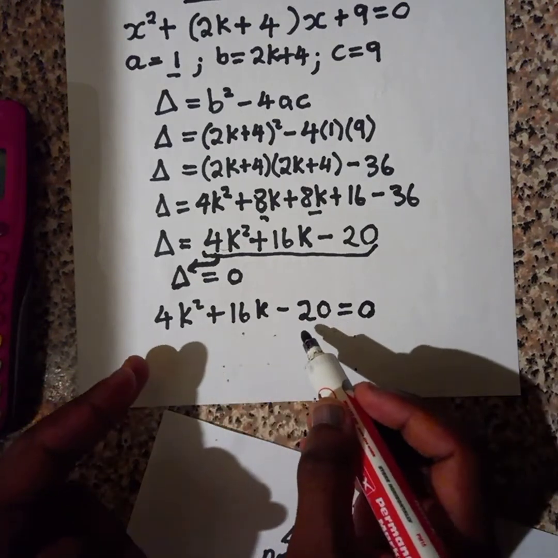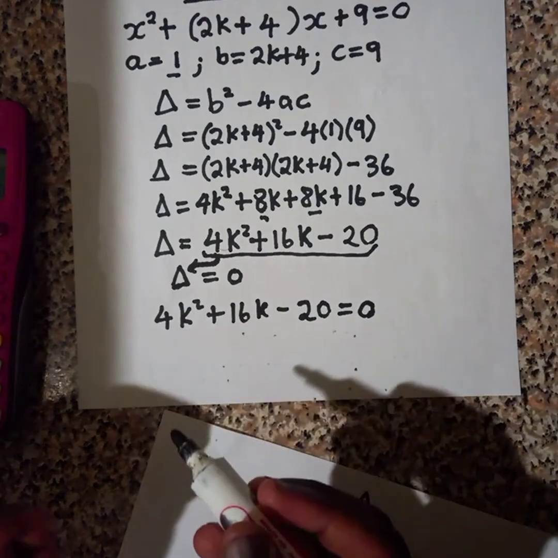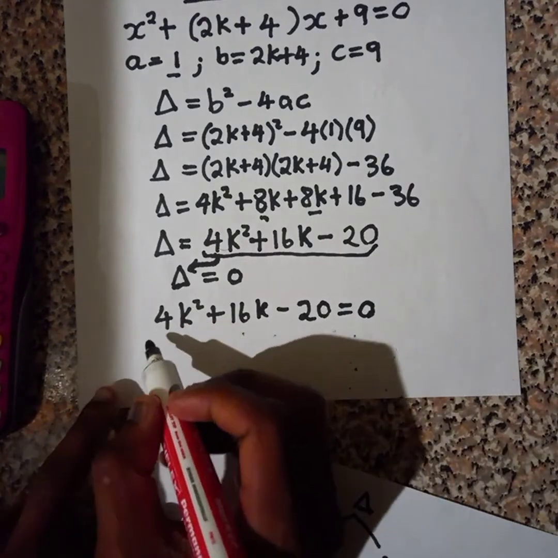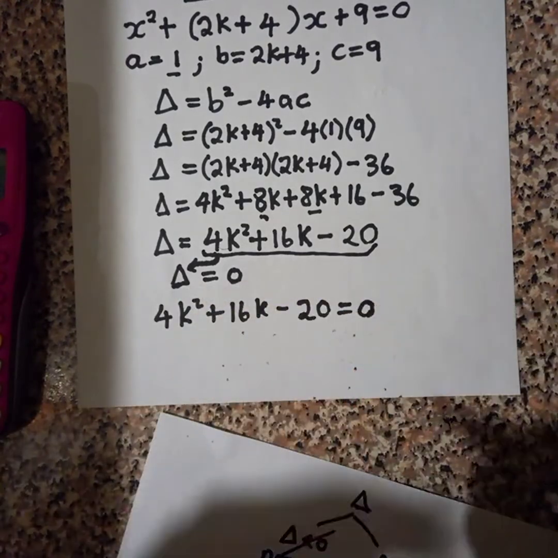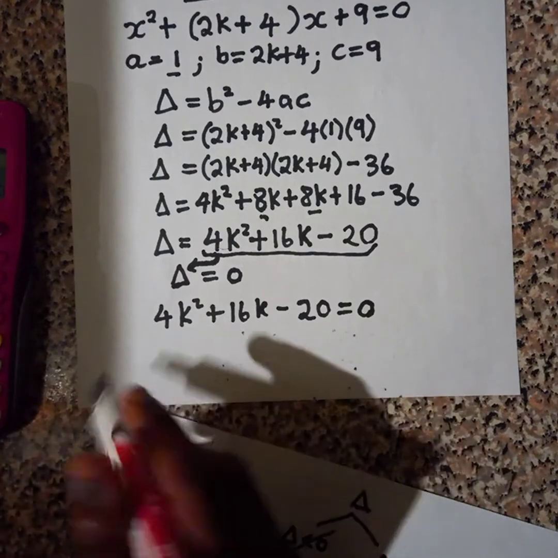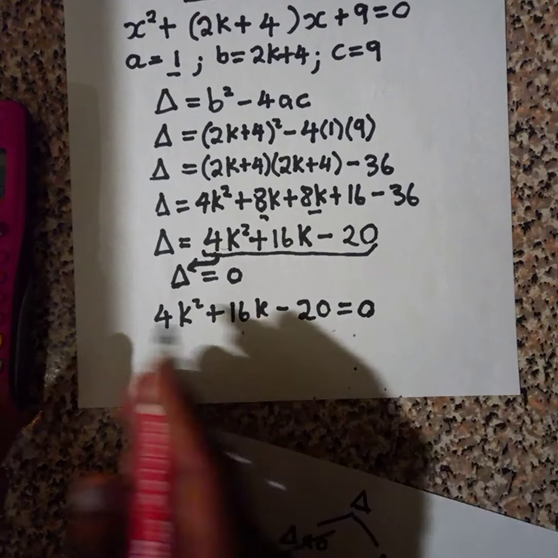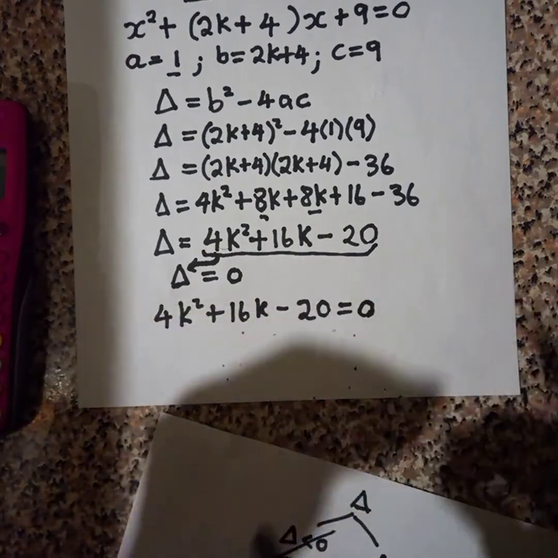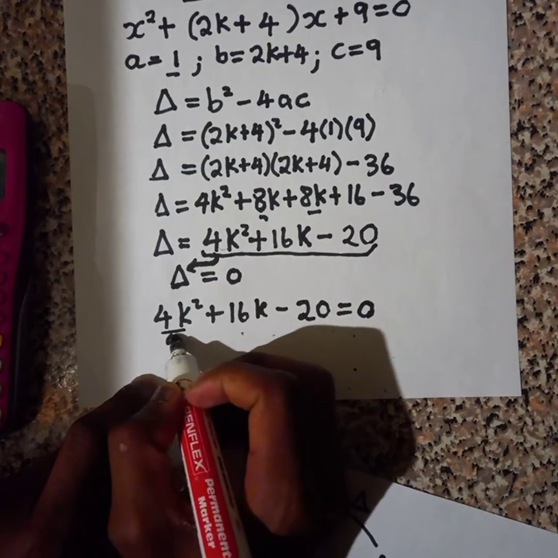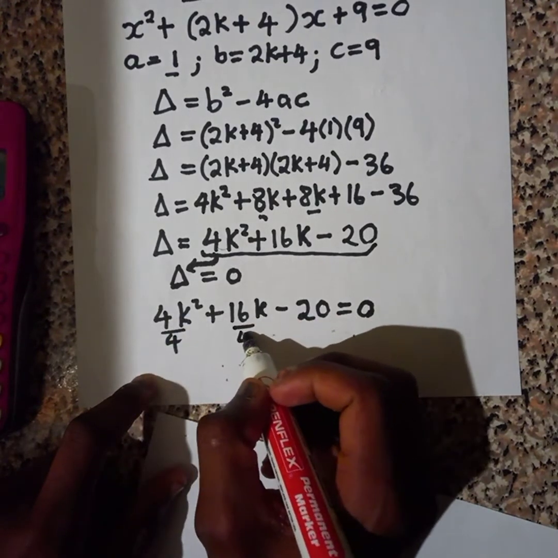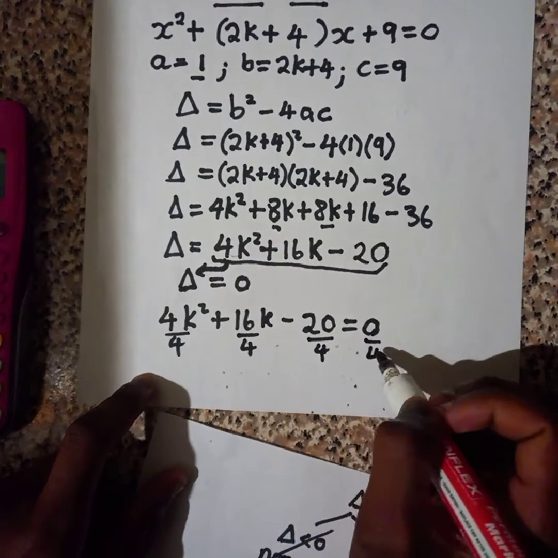Then from this point, let us try to find the factors. To find the factors of this trinomial, we are going to factorize our trinomial. To make it easy, we'll divide throughout by 4, by saying 4 divided by 4, 16 divided by 4, 20 divided by 4, 0 divided by 4.